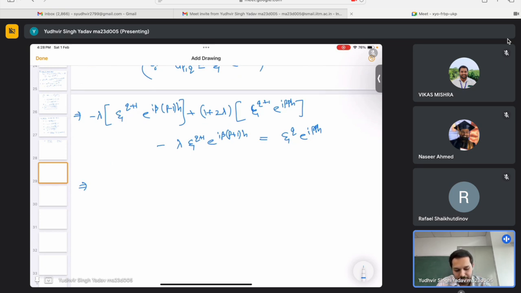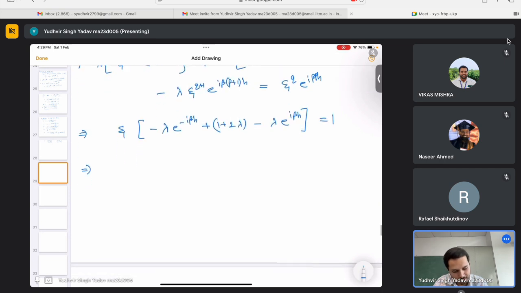So we will simplify, taking the terms common, xi to the power q and e to the power iota beta ph, and cancelling those out we will be left with xi times minus lambda e to the power minus iota beta h plus 1 plus 2 lambda, minus lambda e to the power iota beta h equals 1.